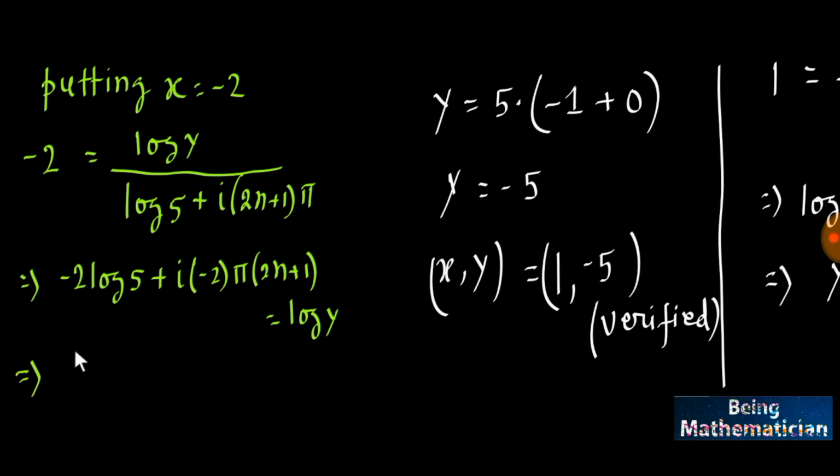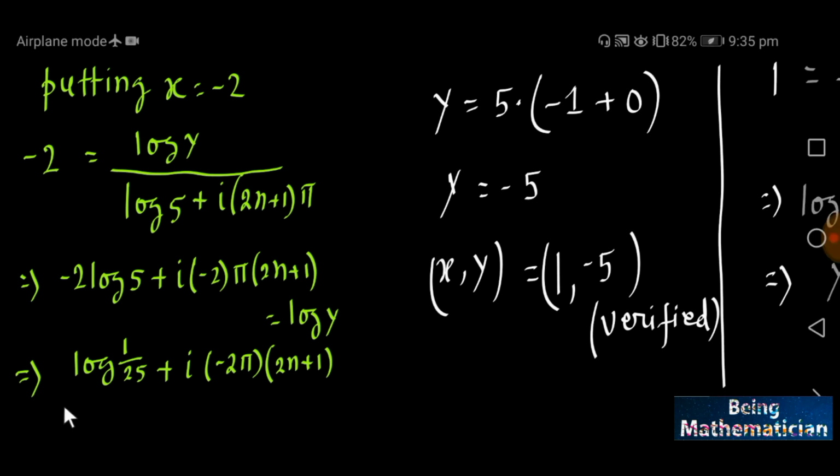So log (1/25) plus i into -2 pi into (2n plus 1).